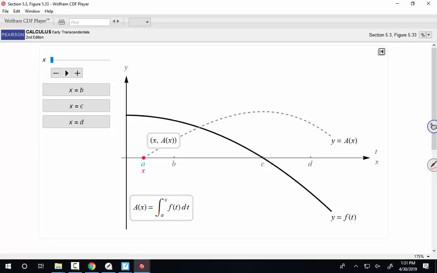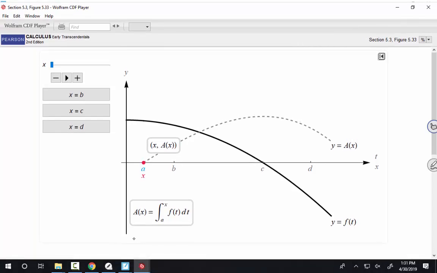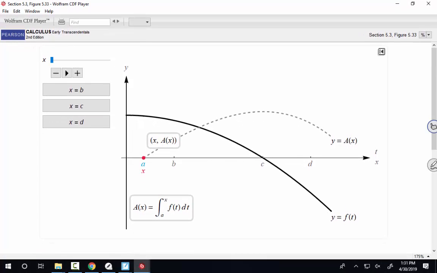So if we start here, then the function's going to start out at 0. If we start here at this line, and we say what's the area from here to here, we're saying what's the area of that line. So the area is 0. So the area function starts out at 0.